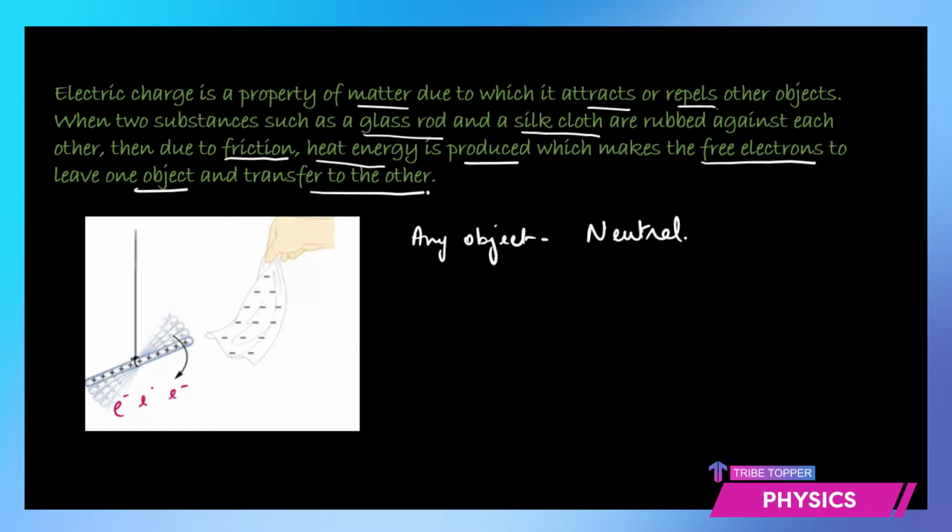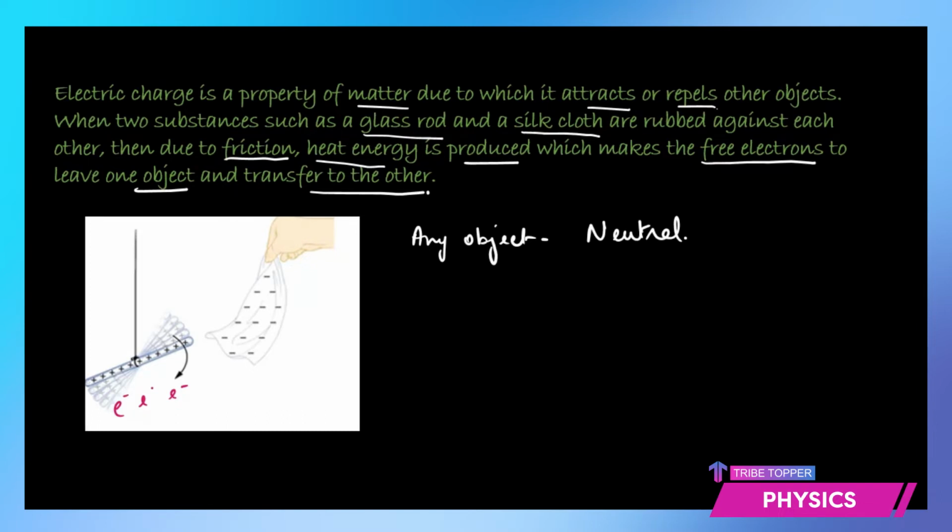But when we rub a glass rod with a silk cloth, due to friction produced by rubbing, a lot of heat energy is produced, and this heat energy is now available to the free electrons, which makes it possible for them to leave that glass rod and go to the silk cloth.